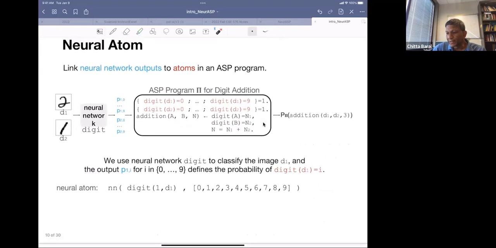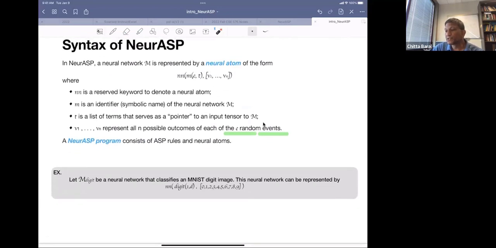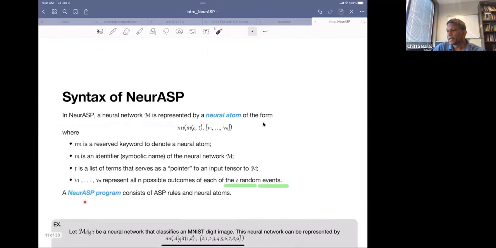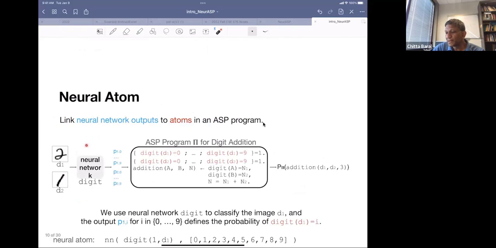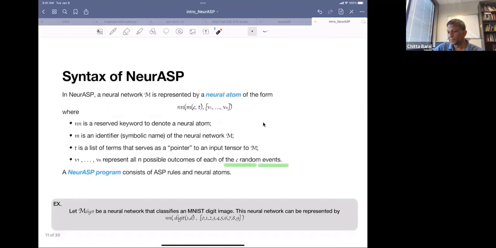In some other examples, we could have more ways of looking at an image. A NeurASP program consists of neural atoms, basically the network, and ASP rules, or answer set programming rules. So it's a formal definition of what a NeurASP program is: this part and this part, and this part is formally defined using such neural atoms.